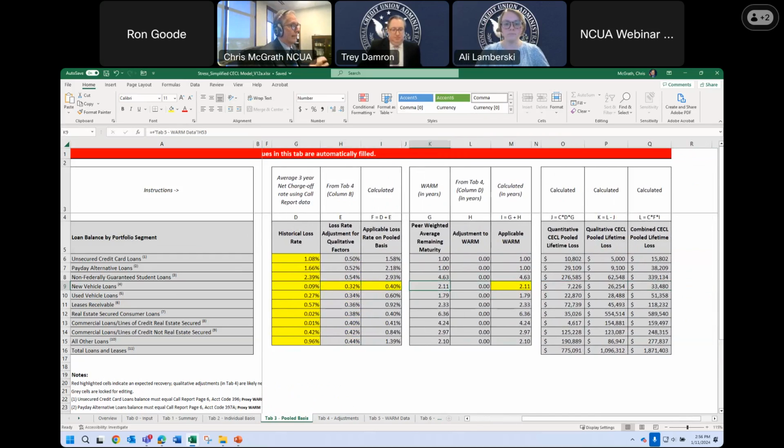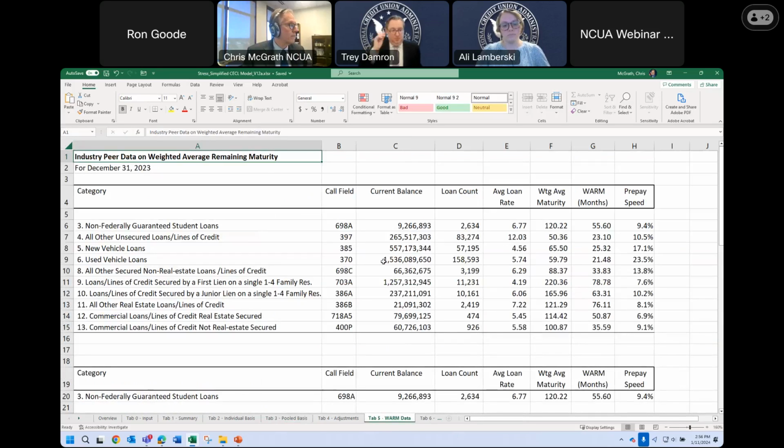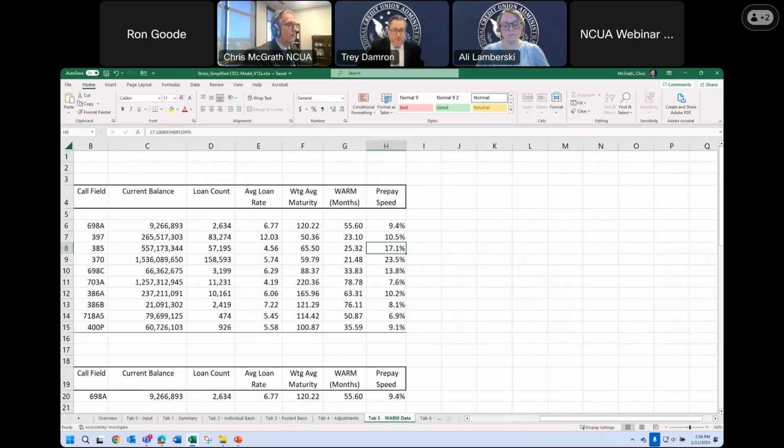Now with the warm factor or the life of loan, this is where we take a look at the loan portfolio. And for the sake of exaggeration, let's say here we have the weighted average maturity of new auto loans being like 65 months.